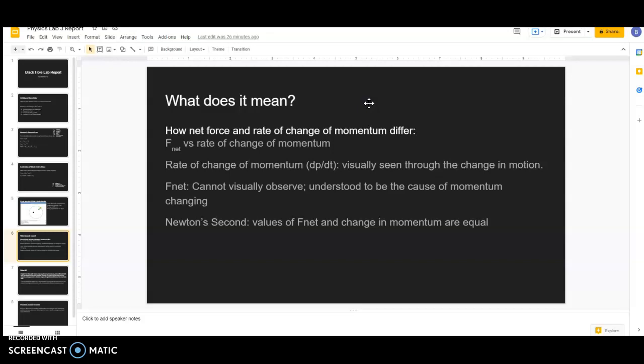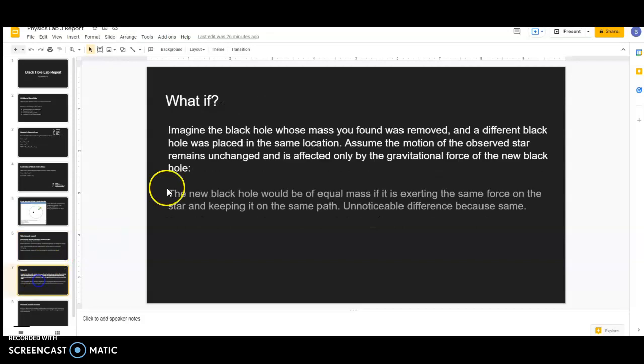Newton's second law states that the values of net force and the change in momentum are equal, and so dp over dt could be used to solve for net force as it was in this model.